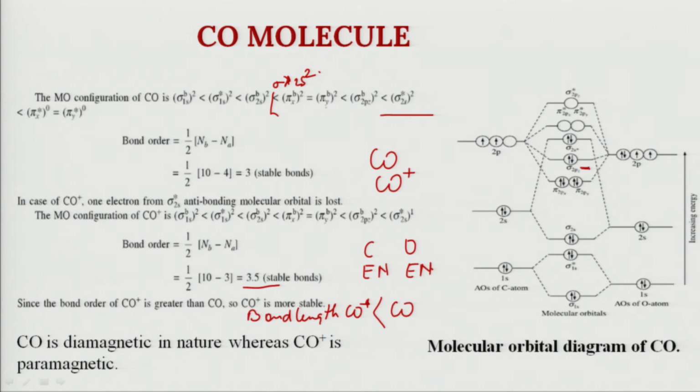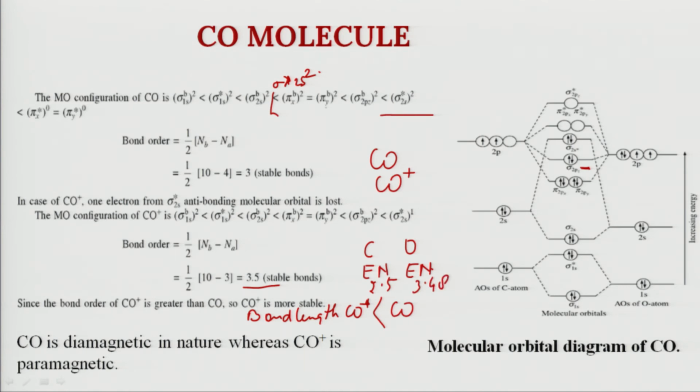Because of this anomalous behavior, the sigma star 2s MO gets filled after sigma 2pz, and that is because of the high electronegativity difference between carbon and oxygen. The difference is about 1, and this causes this kind of anomalous behavior. Carbon has an electronegativity of about 2.5 and oxygen approximately 3.48.